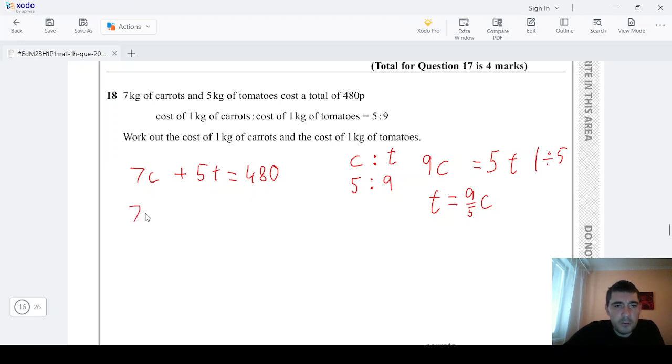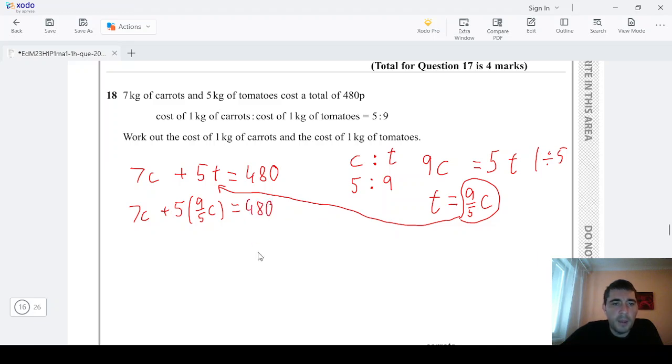So 7c stays, plus 5. Now instead of t, instead of tomatoes, I substitute it with carrots. So 5, then 9/5 of c, and all that equal to 408.